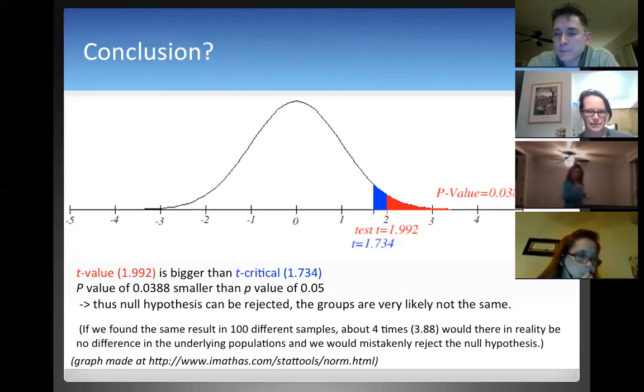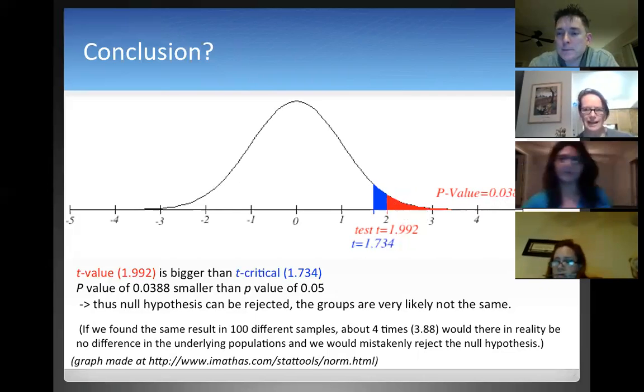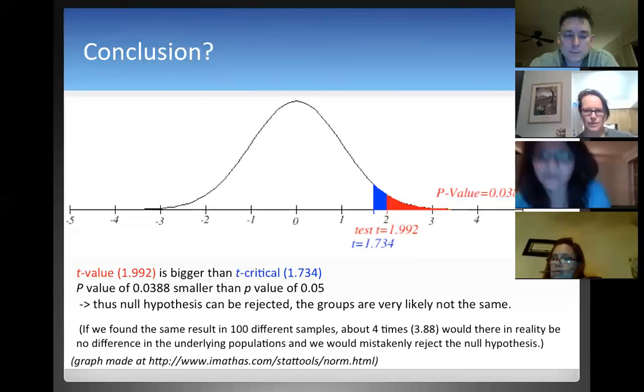Was that in a table going from the t to the p? Yes, in the table, the one that we just looked at. Well, I'm just looking at the p-value 0.0388. Was there a table to backtrack and go find the p, or was there a formula, or how'd you know that?